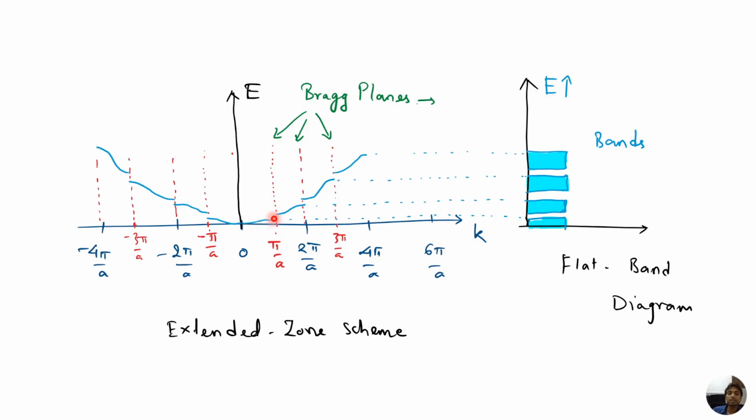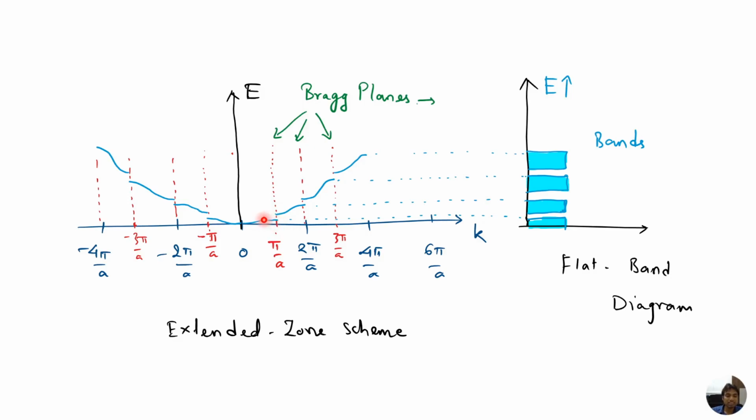Since it doesn't hold, it gets modified, and there is a big discontinuity in the energy with respect to k. That is the reason we wanted to see the Bragg planes, because at the Bragg plane diffraction occurs, and whenever diffraction occurs, E equal to ħ²k²/2m fades.